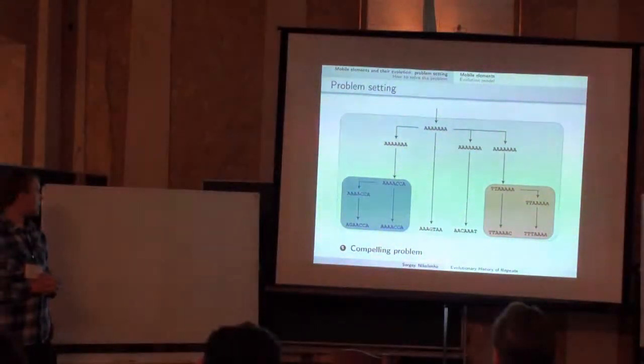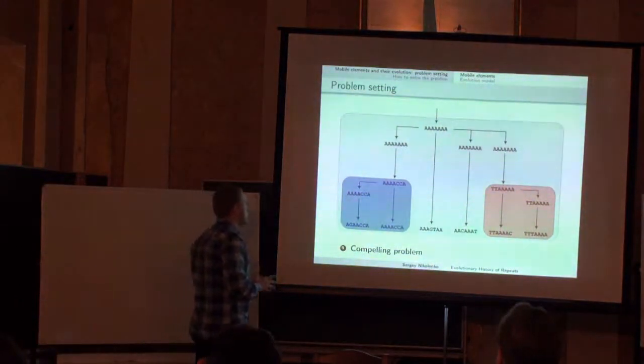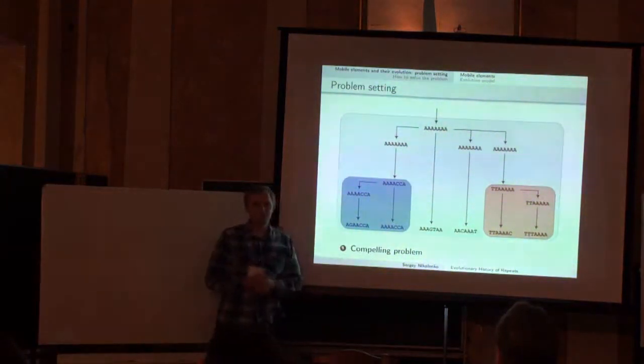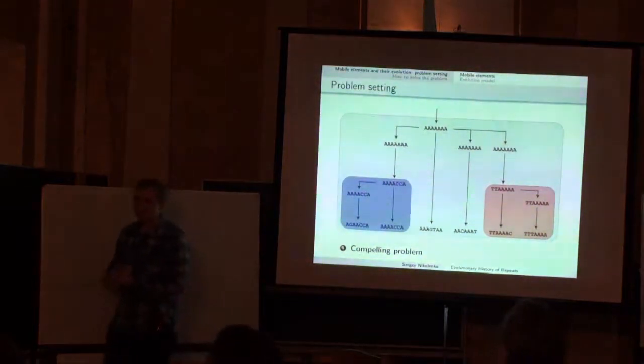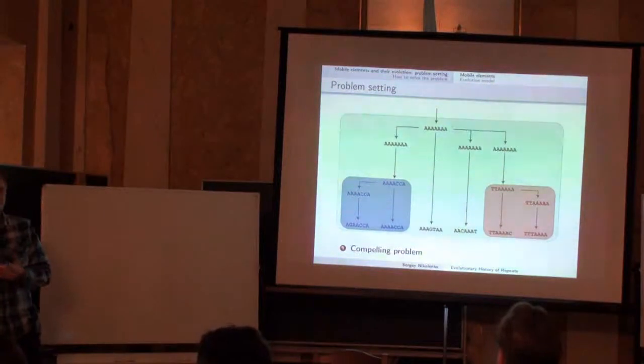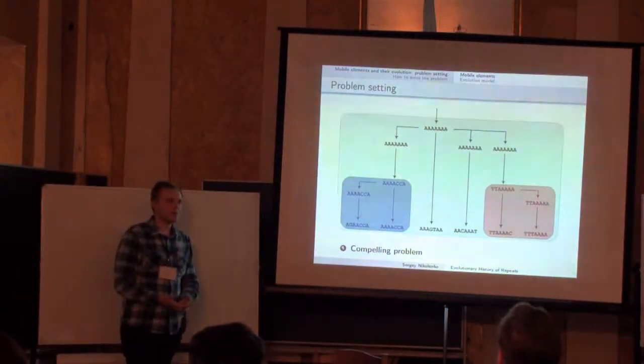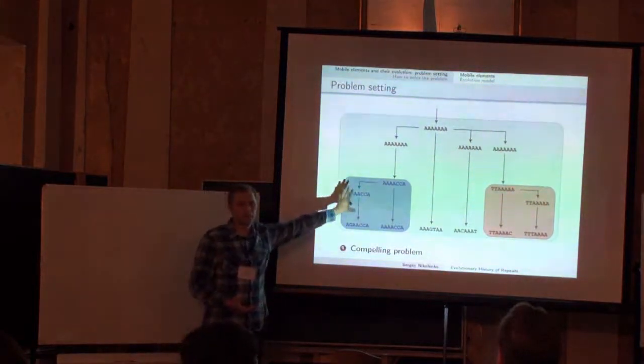And here lies my first point, which is that this is actually a very compelling problem. If you go into bioinformatics, you're probably interested somehow in evolution, because this is the main underlying theme of it. And here we are directly reconstructing the evolution.